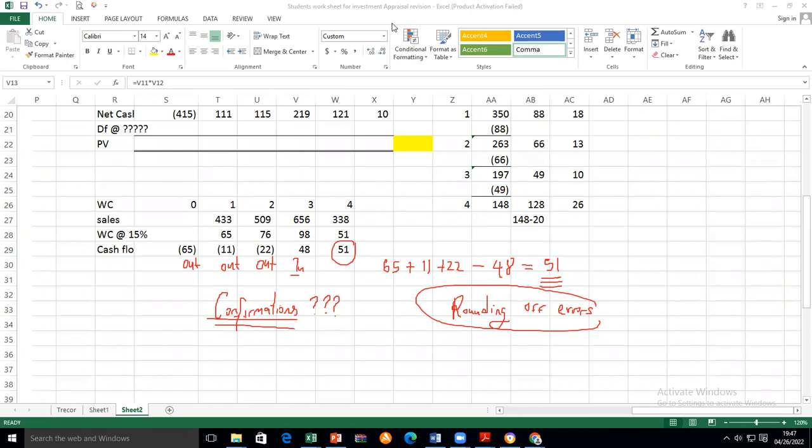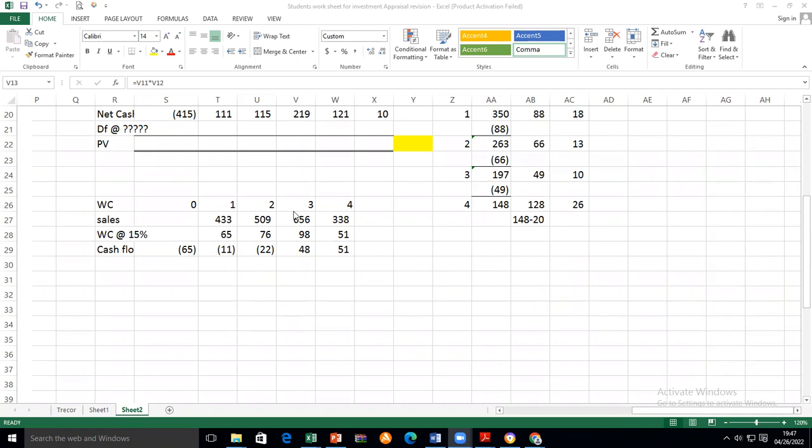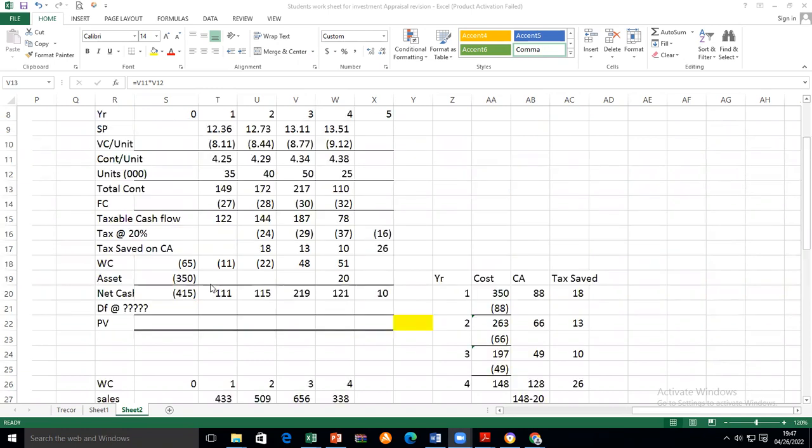Okay. Let's go back to our table. The working capital figures are now recorded here. That one, the inflow and the recovery. We are now done with all the cash flows: the asset, cash outflow, and what we expect there.